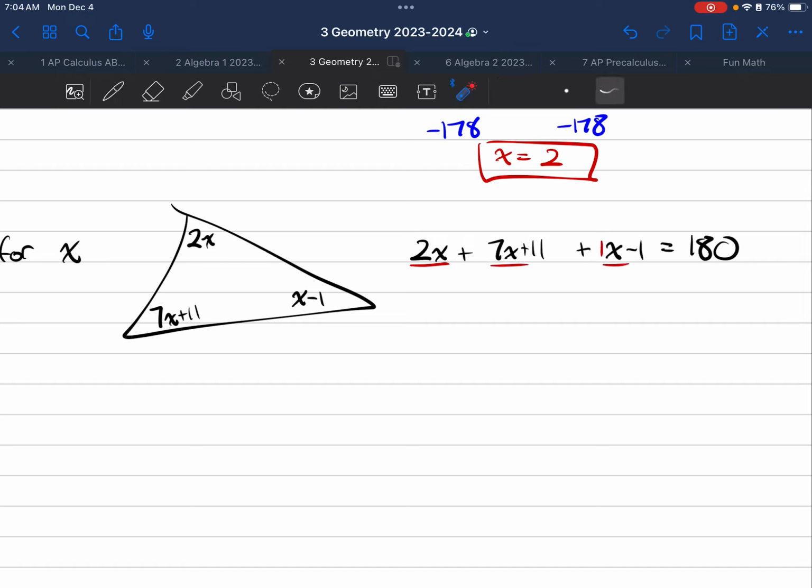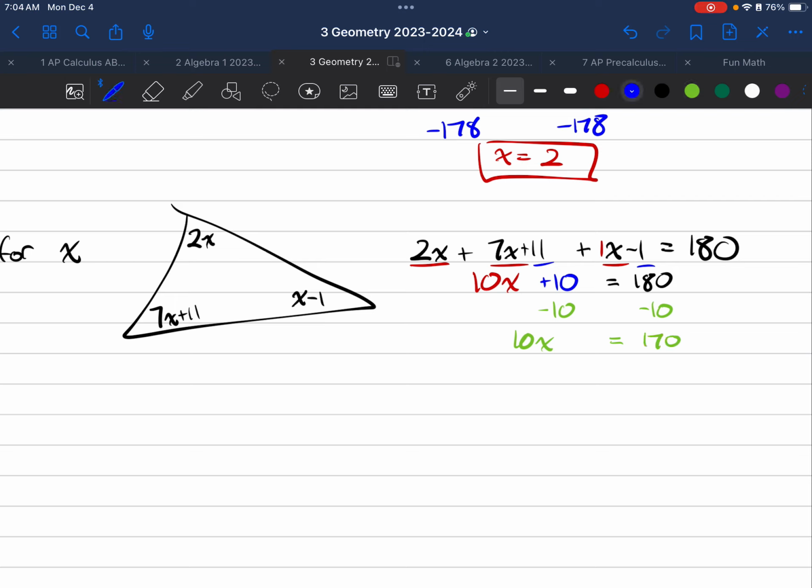So 2 plus 7 is 9, plus 1 is 10, so I have a total of 10 x's over here. And then what about the constant terms? I have 11 minus 1, which is 10, so this is plus 10, and this is still all equal to 180. Okay, let's subtract 10, minus 10, and I'm going to get 10x is equal to 170.